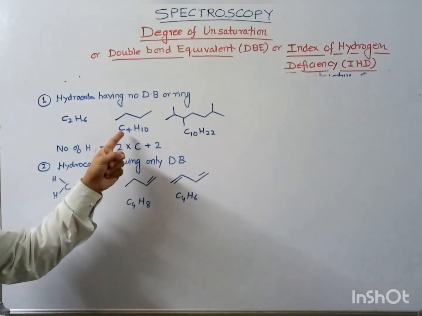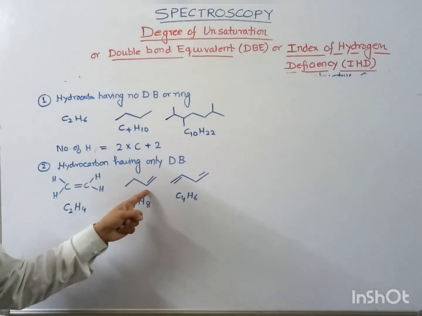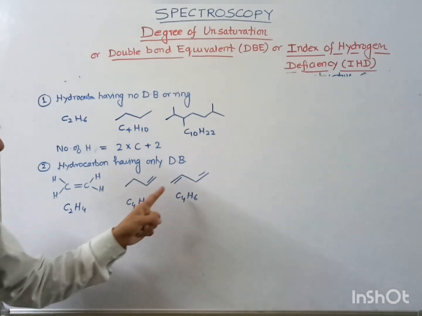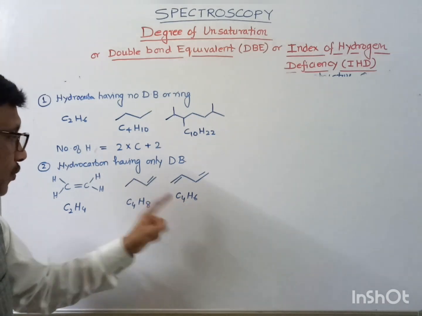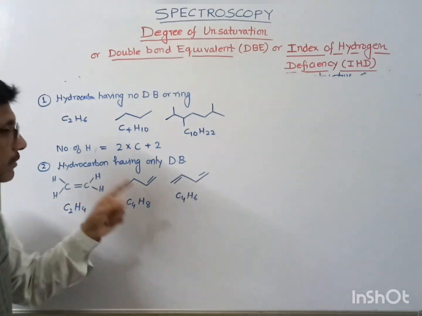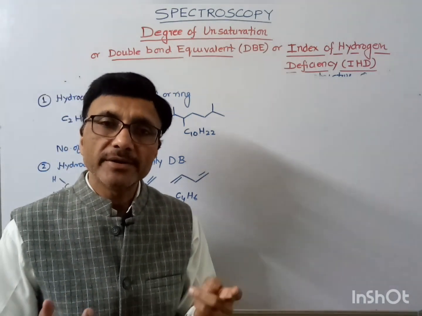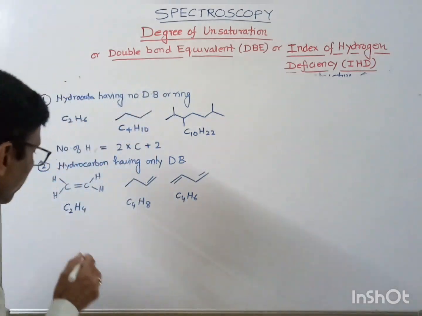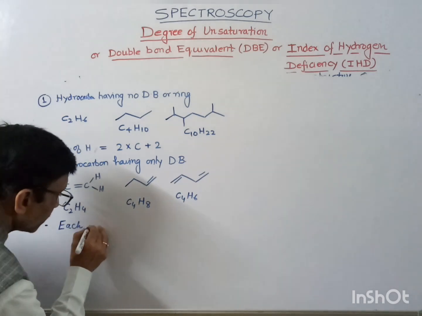In the same way, one double bond is reducing the number of hydrogen by 2, and another double bond is again reducing the hydrogen by 2. So we can see that each double bond reduces the hydrogen count by 2.